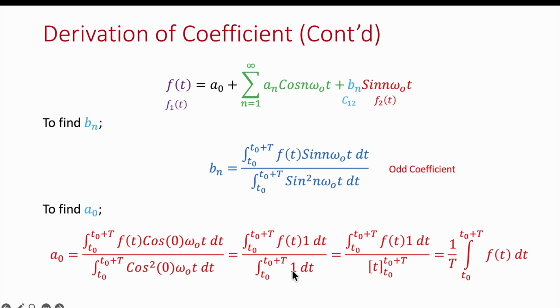The integral of 1 is t, and if you insert the limits you end up with capital T. You can take that out: 1 by T times the integral with limits t naught to t naught plus T of the function. In this way you can calculate the value of a naught.